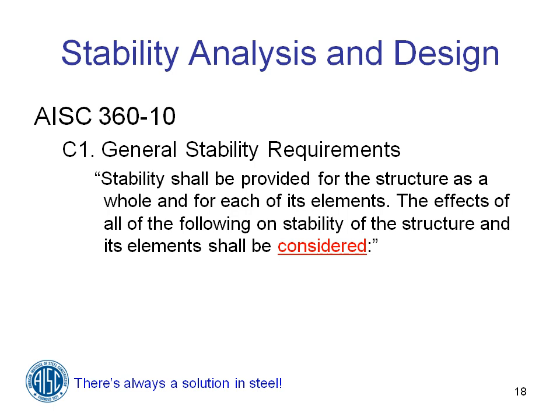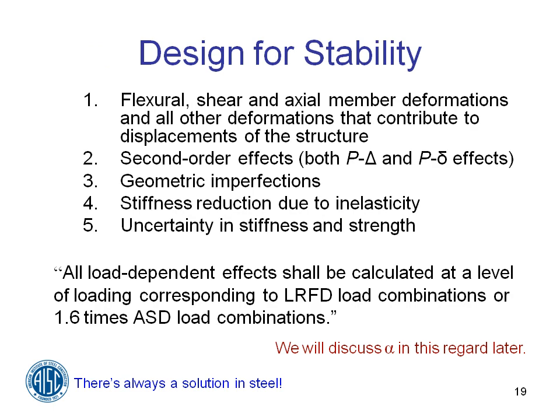Now I highlighted in red the word considered. That is an extremely important part of the provisions because we give a list here of 5 things that must be considered, but that does not mean that you have to include all of those things all the time. This is where your engineering judgment has to come to bear.